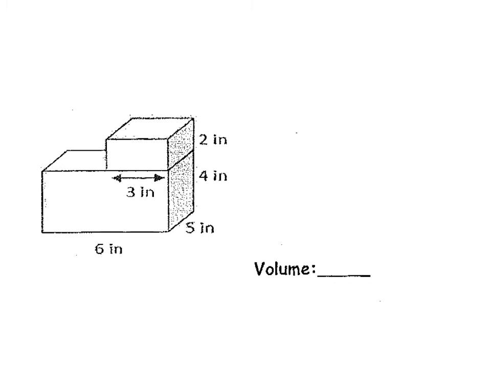The first thing I'm going to do is find the volume of the top rectangular prism. I'm going to label it volume, but I'm going to put a little t for the top rectangular prism. I know that the length is 3 because of those arrows right there.